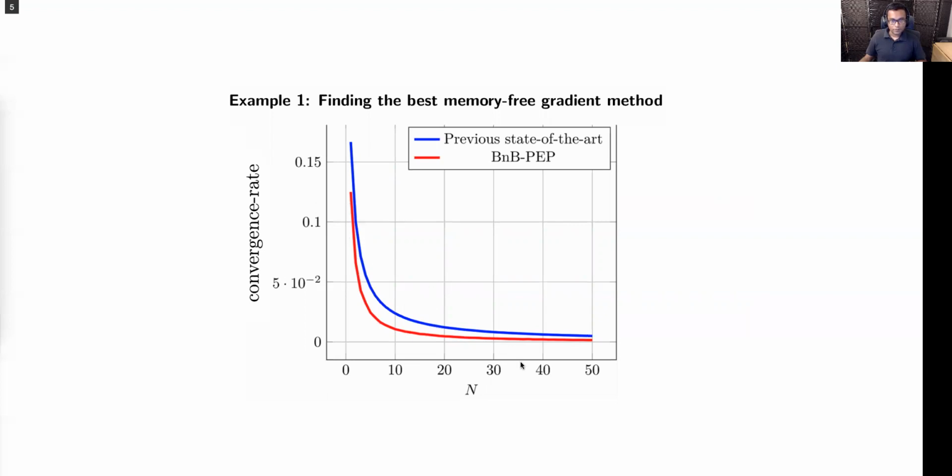The red curve, which corresponds to BnB-PEP, is actually lower than that of the previous state-of-the-art algorithm's convergence rate. In a scaled y-axis, you can see it is performing quite a bit better compared to the previous state-of-the-art.